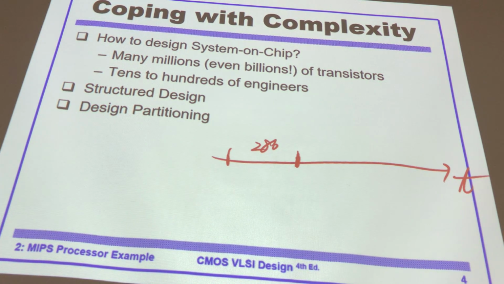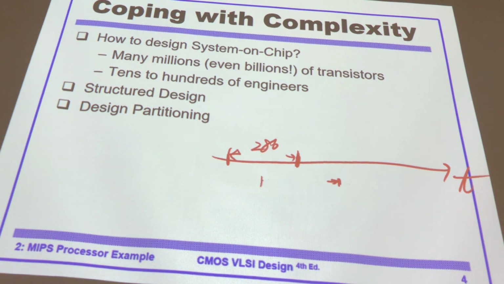But at the same time, the next generation, like the 386, is going to start from here, and that's the end of the next generation CPU.